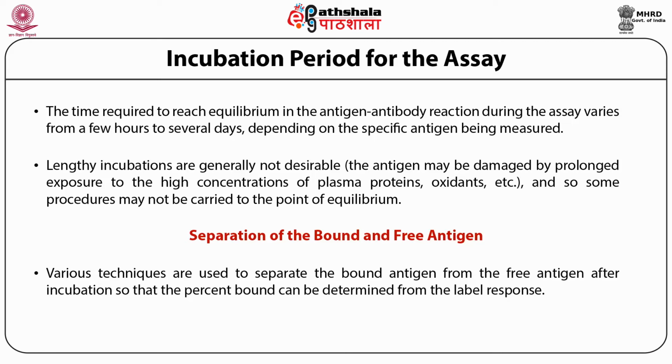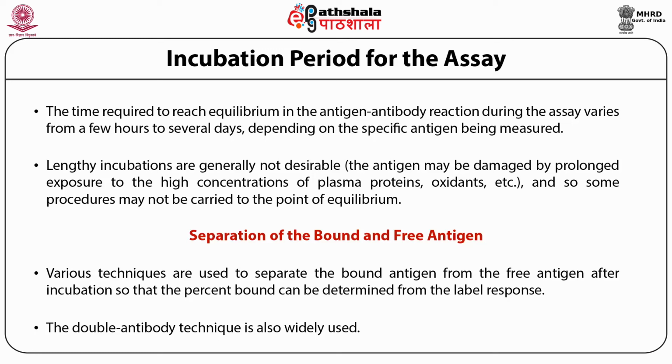The precipitated complex is generally separated by centrifugation, and then the label response in either of the phases can be measured. The double antibody technique is also widely used. A second antibody is employed to precipitate the primary antigen antibody complex.